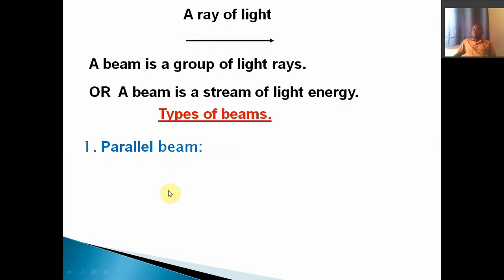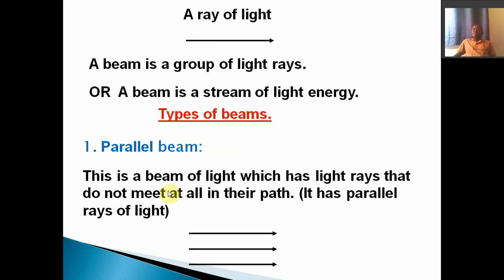What is a parallel beam? This is a beam of light which has light rays that do not meet at all in their path, like this one here.